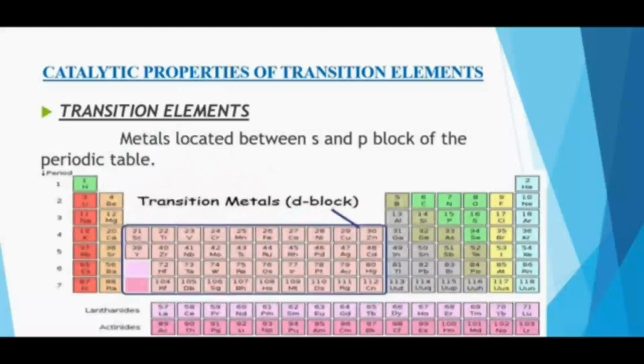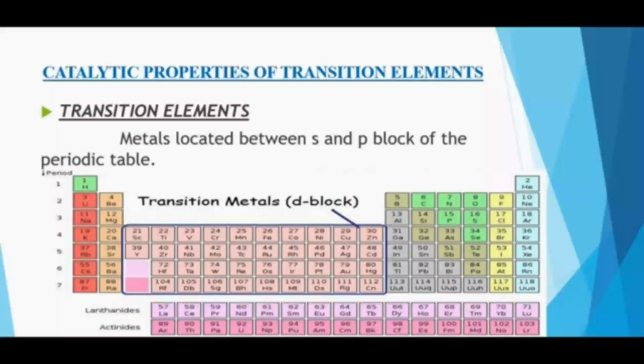If you look at this periodic table, right in the middle over here are the transition elements between the S block and the P block. They constitute the D block of the elements and are called transition metals.